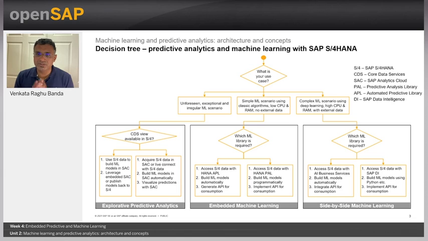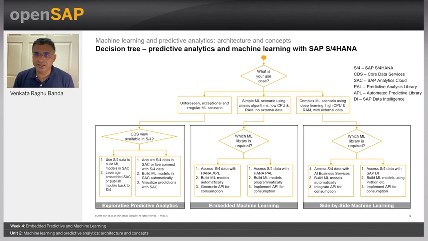In the middle part, you see, if it is a particular requirement from a customer, a simple use case which doesn't have much data need and has low CPU usage, you can pick the middle scenario where you have the embedded machine learning, where you use the HANA-based APL or PAL approaches.